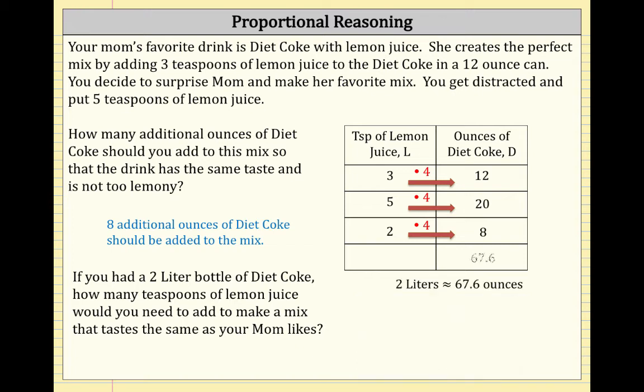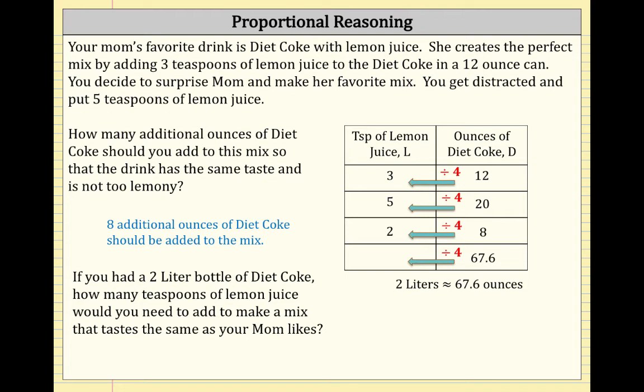So we'll put that in the table. That's the number of ounces of Diet Coke, and we're going to work backwards to figure out how many teaspoons of lemon juice. We know we have to have some number times 4 gives us 67.6. If you want to reverse multiplication, you simply divide.